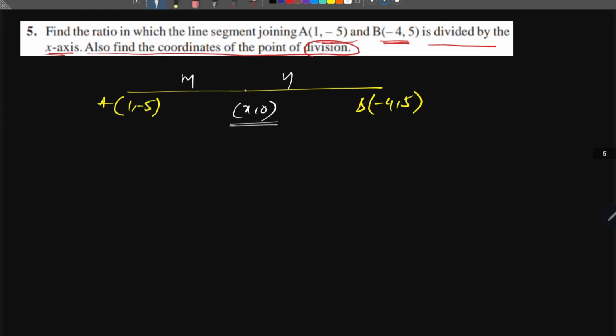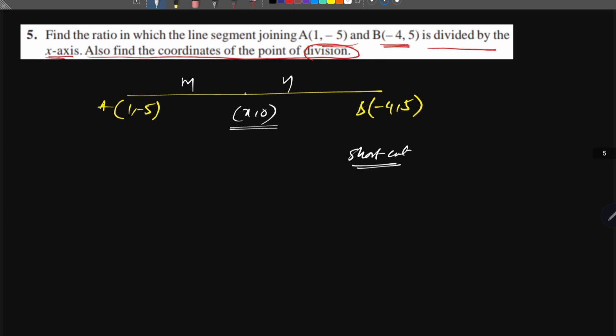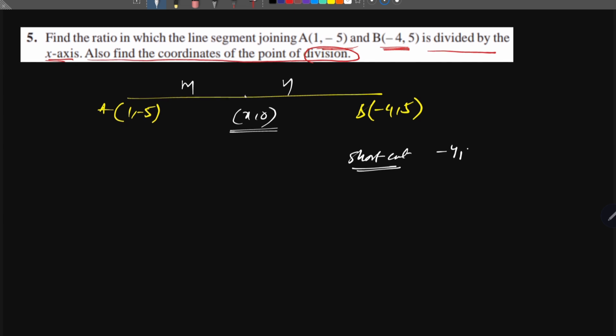Here I'll give a shortcut, remember. Whenever the x-axis divides, the answer is minus y1 is to y2. Consider the first point as (x1, y1) and the second point as (x2, y2). What is y1? Minus of minus 5 is to, what is y2? 5.